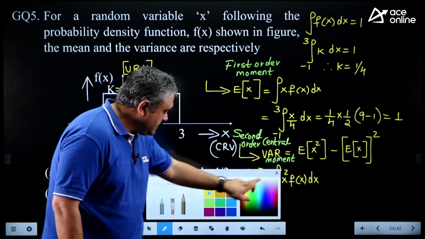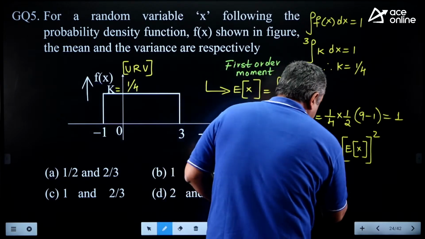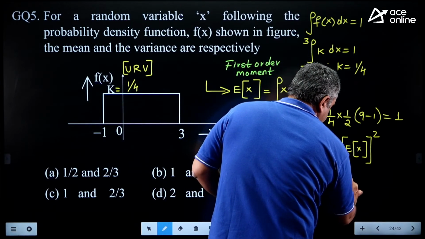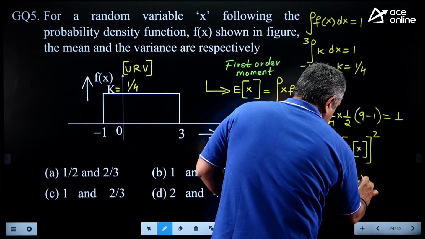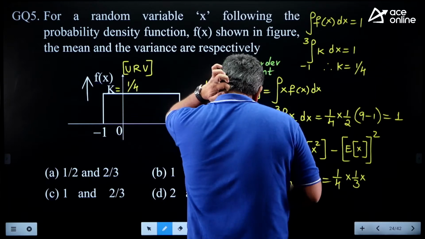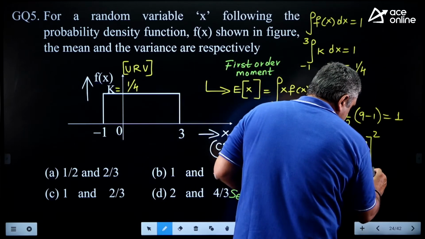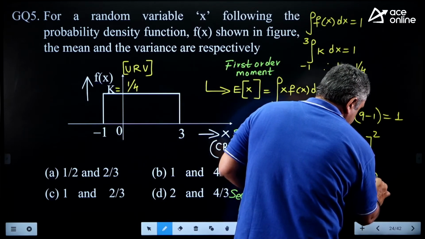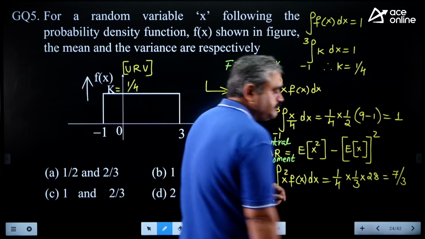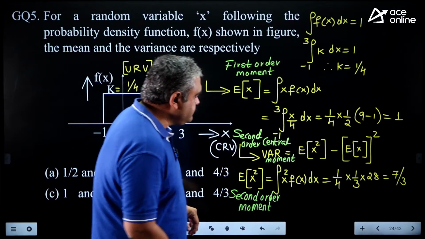Now what will be these values? This will be 1 by 4, I am writing outside. The integral of x square will be x cube by 3. When you integrate x cube between minus 1 to 3, you will get 3 cube, 27, minus of minus 1 whole cube, so 28. So this is 7 by 3. So what is the variance?